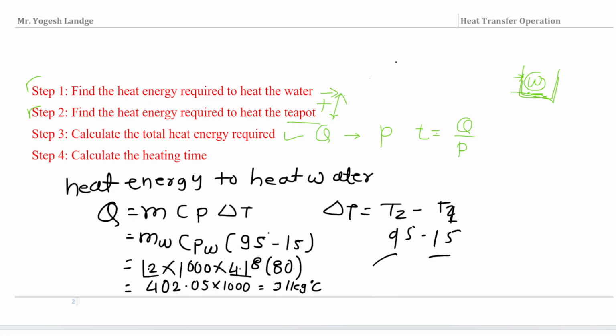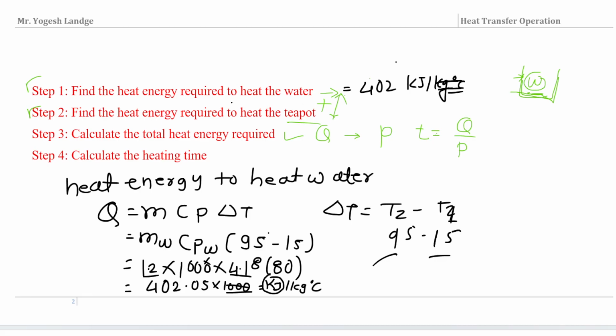Or if you don't want to multiply, let's consider kilojoule per kg, so there is no conversion for this term. Once we solve this, the answer is 402 kilojoule per kg. Sorry, not Celsius, it is kilojoule per kg. So this is the Q value.